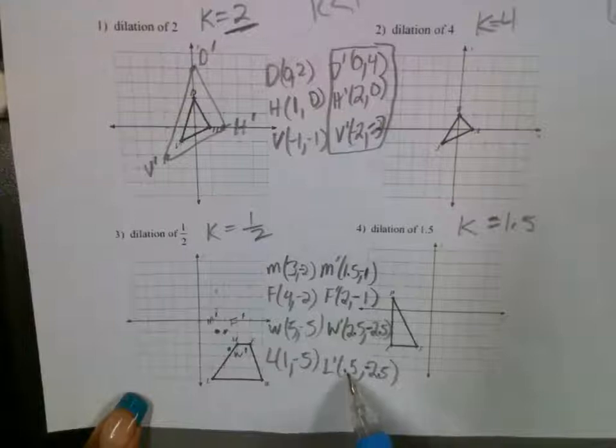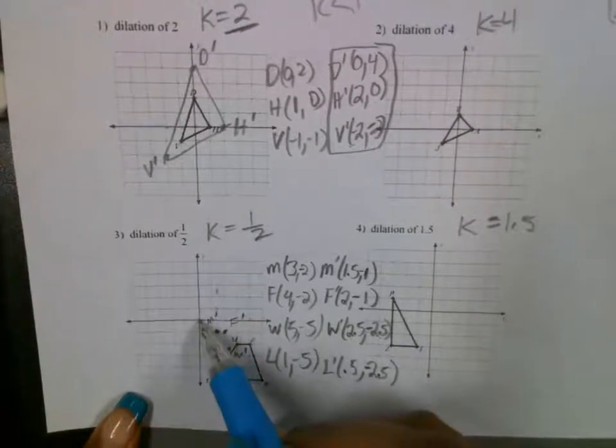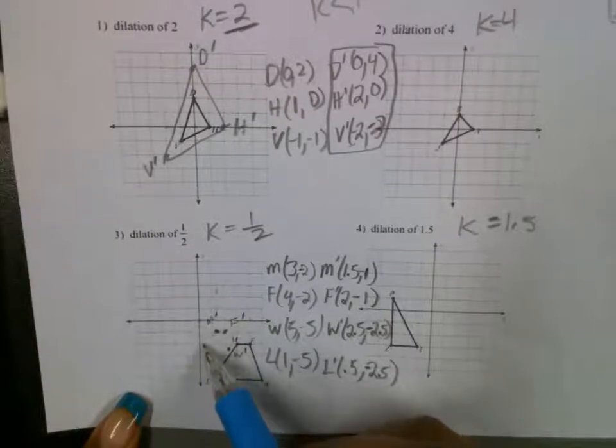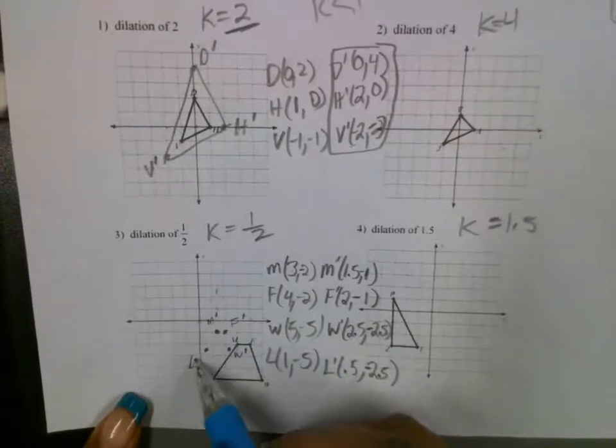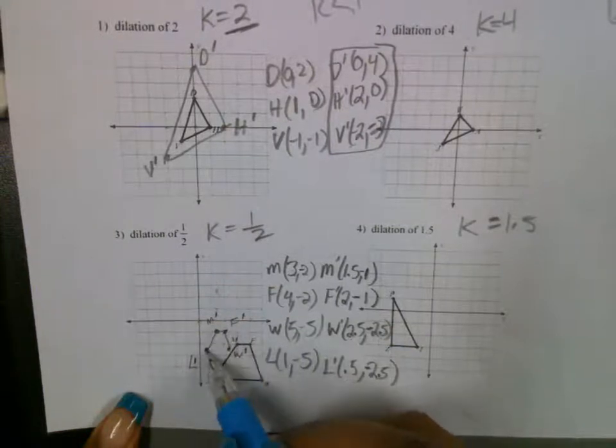This is supposed to be 0.5 and negative 2.5. So 0.5 is halfway in the middle right here, and then go down 1, 2, and a half is right here. And that is supposed to be L prime. So this is what that looks like.